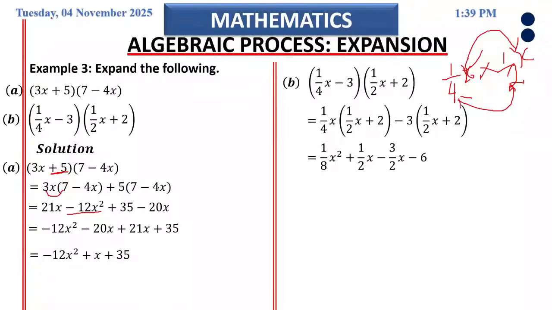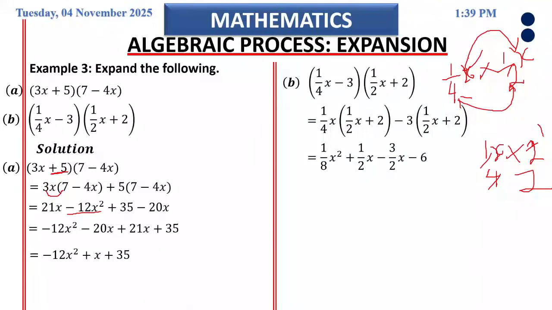So the next one is 1 over 4x times 2. Very simple. That's 1 over 4x multiplied by 2. If you're multiplying it by 2, by implication, the 2 here and the 2 here, that's why you have 1 over 2x.